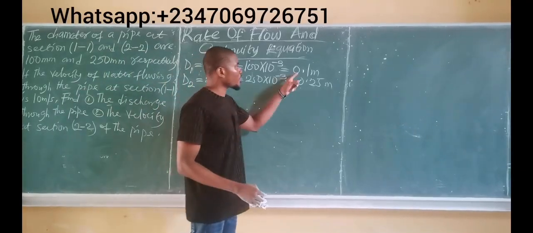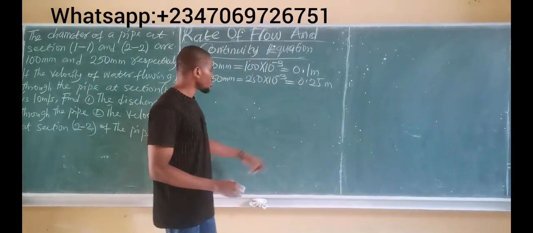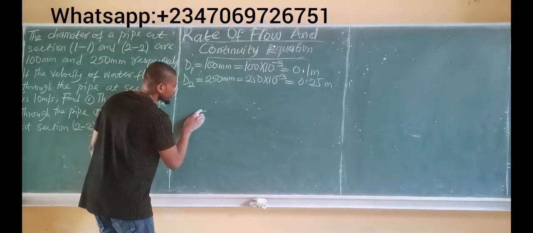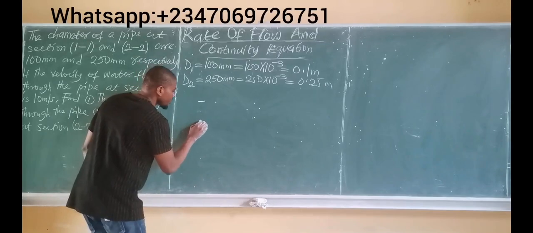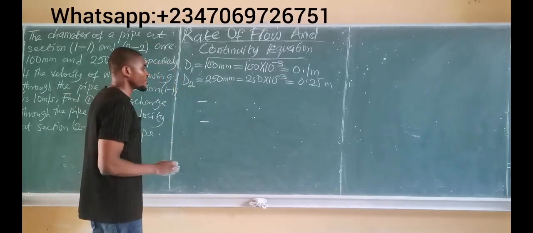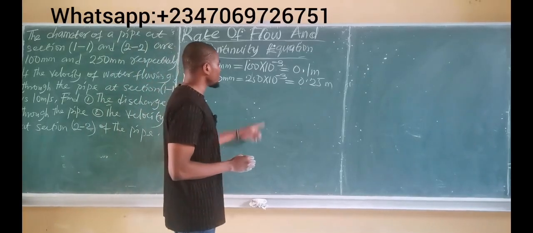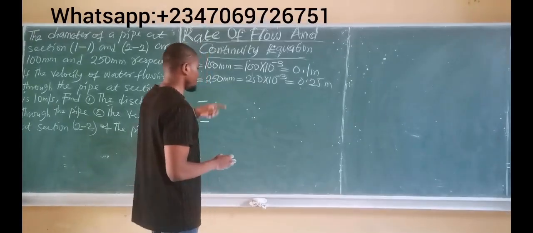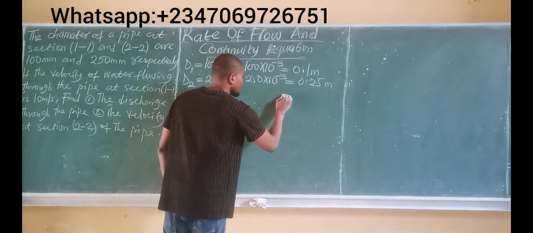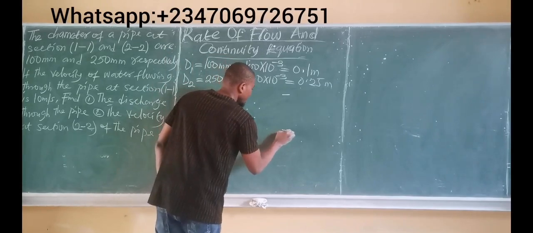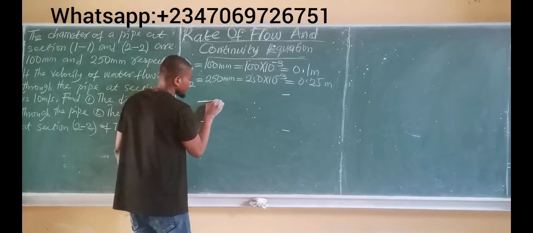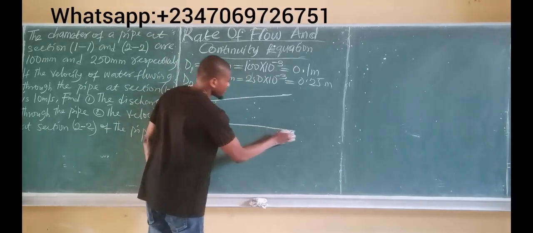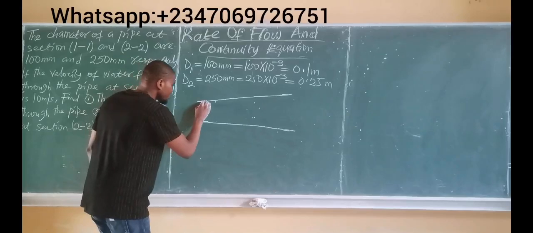Let's see the section of the pipe and see what it looks like. Obviously 0.1 is less than 0.25. So at the first segment we have 100 millimeter or 0.1 meters, and at the second segment we have 0.25 meters, which is 250 millimeter, so much larger than the first pipe. The two of them are connected, so you see the difference in diameter.